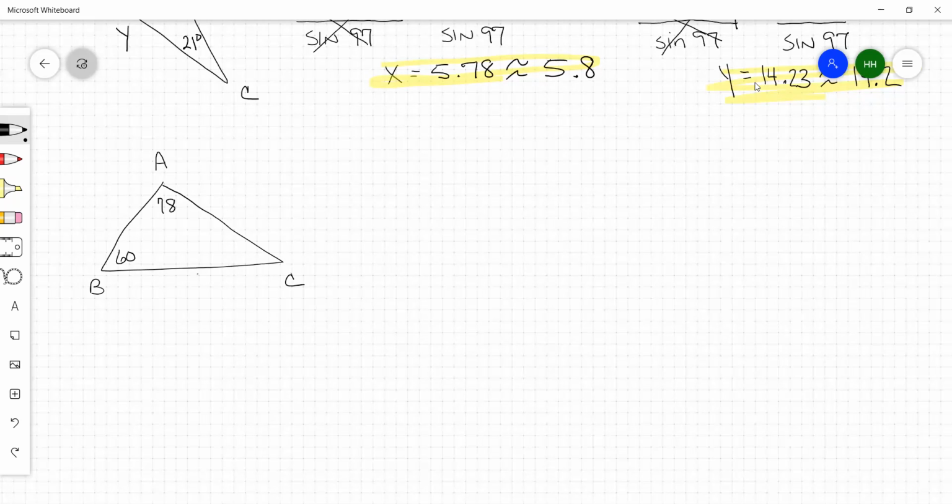Side BC is 8. We need x and we need y. So that first step was to find angle C. So 180 minus 78 minus 60 leaves you with a 42.